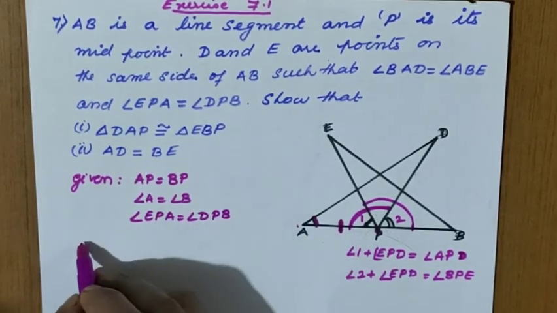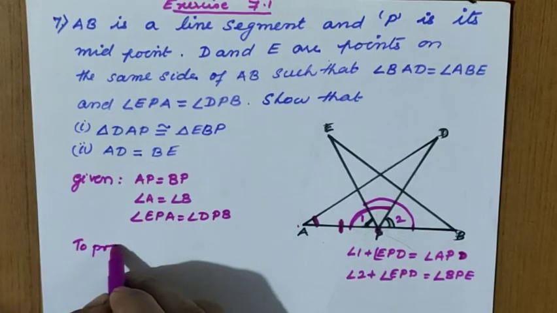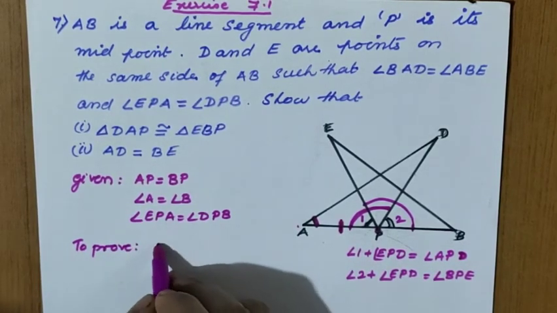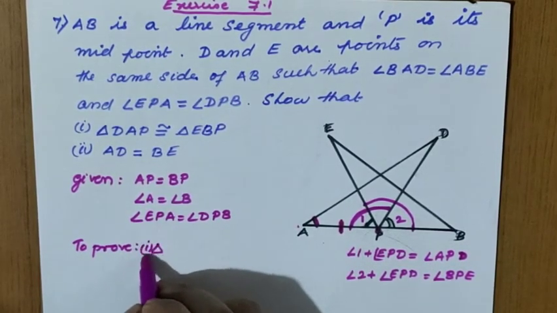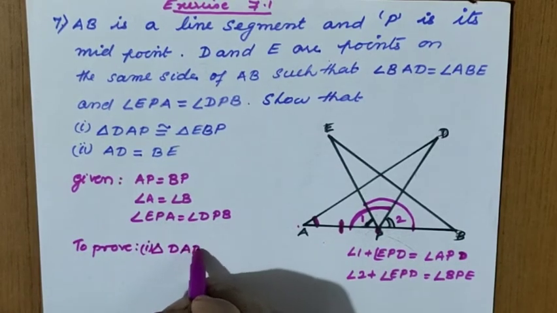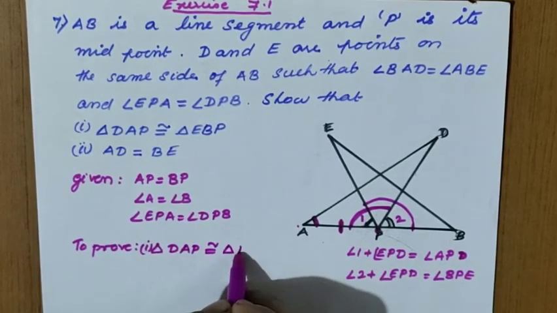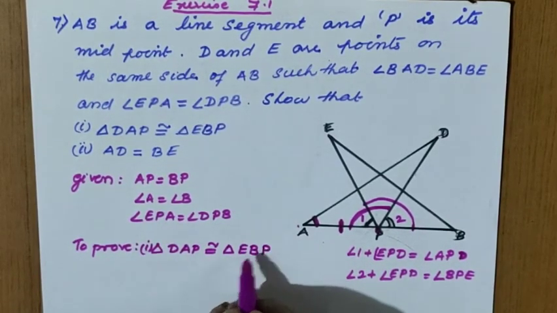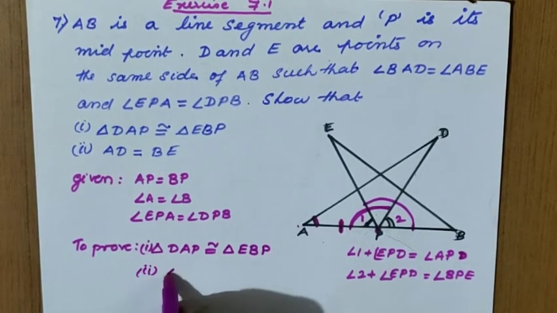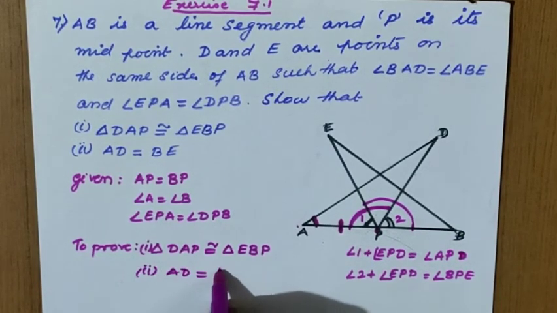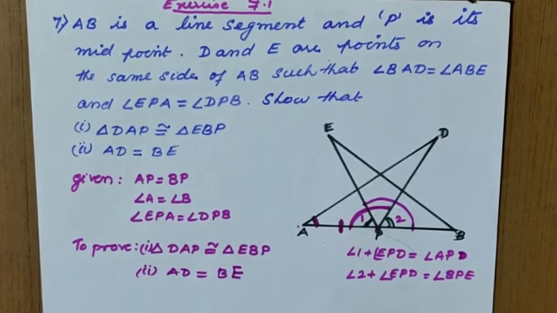This is all given. What is to be proved? We have to prove two things here. First one is triangle DAP congruent to triangle EBP. The second one is AD equal to BE. Now we can see the proof.